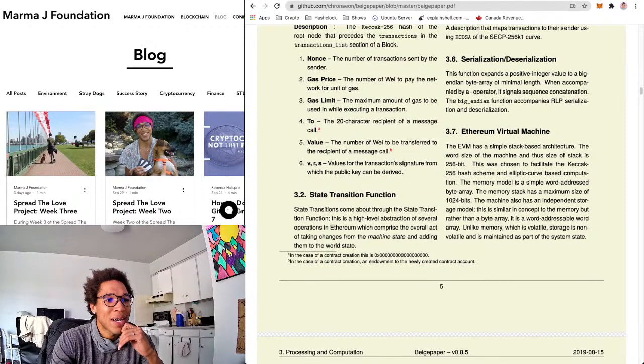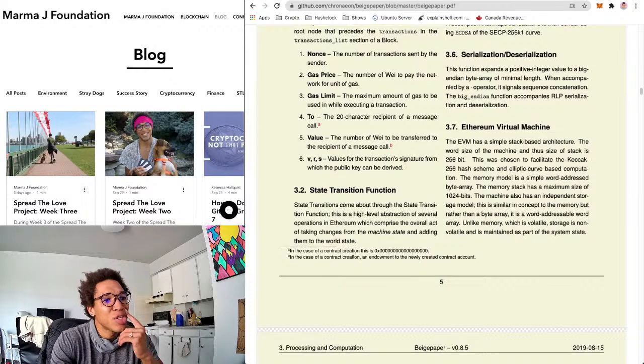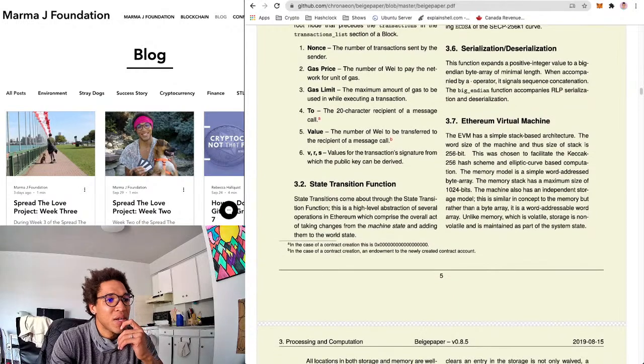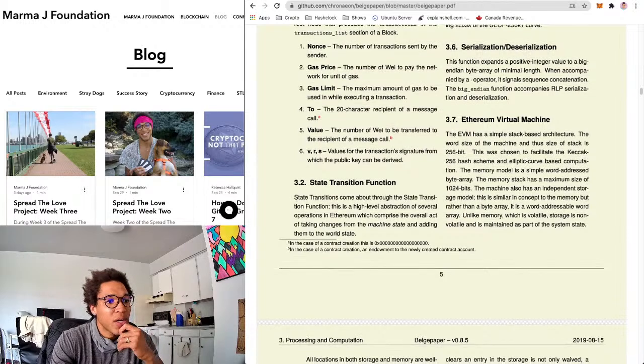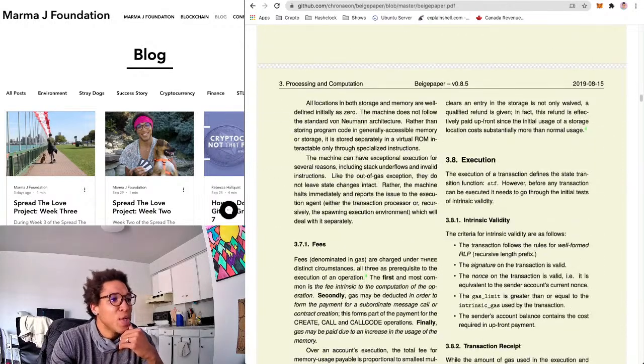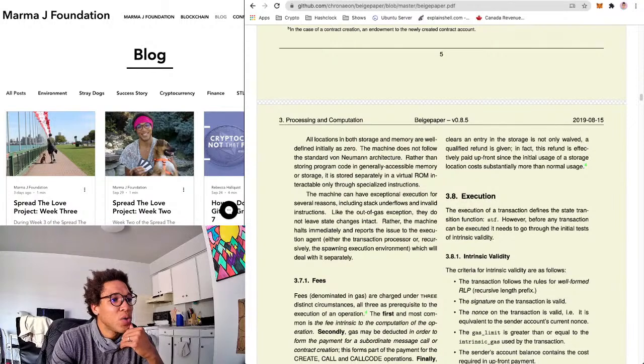The machine also has an independent storage model. This is similar in concept to the memory, but rather than a byte array, it is an addressable word array. Unlike memory, which is volatile, storage is non-volatile and is maintained as part of the system state. Okay. All locations in both storage and memory are well defined initially as 0.